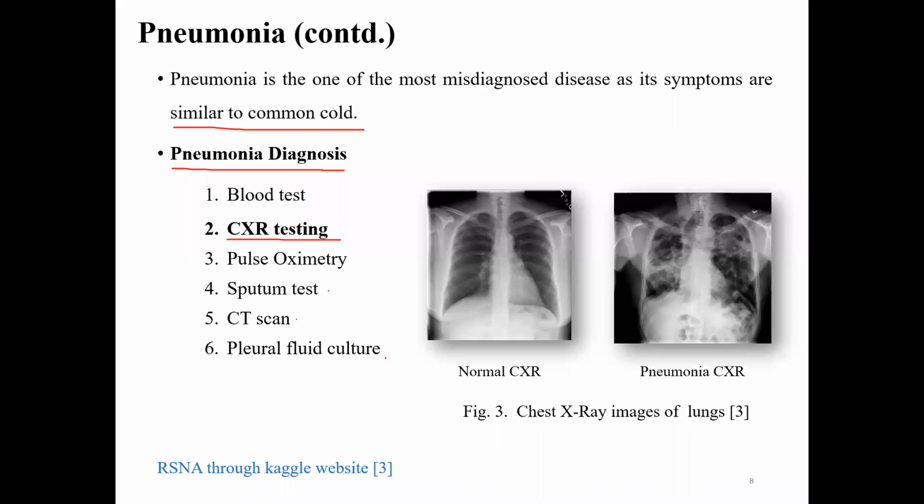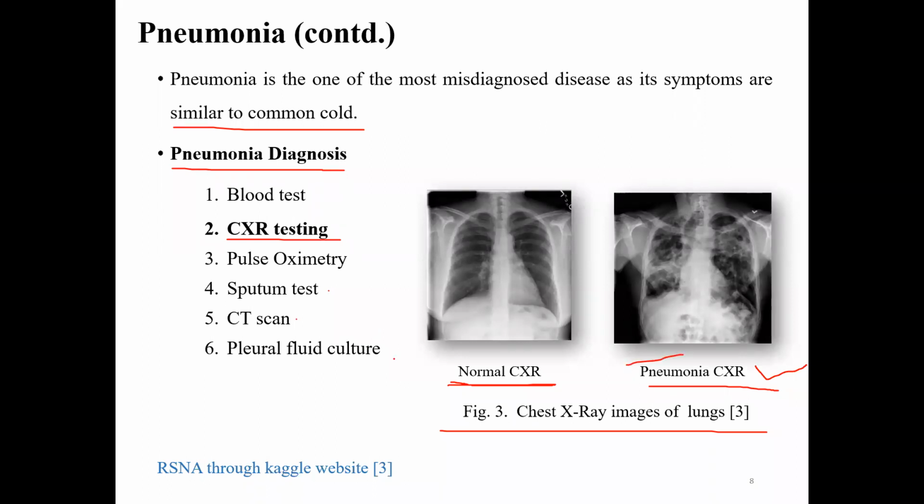On the left-hand side you may see a normal chest X-ray, and on the right-hand side the pneumonia chest X-ray is visible to you. These are the chest X-ray images of lungs, the normal chest X-ray being on the left side, and on the right side you may observe the chest X-ray of pneumonia.